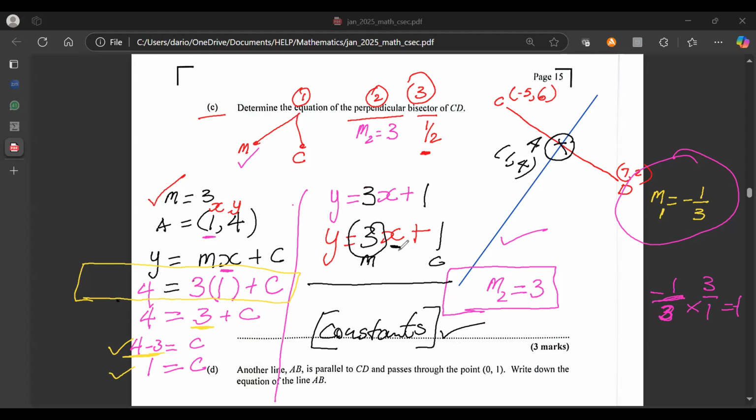All right, somebody didn't. So Shania, you write back the y. You're writing the y. So y is equal to 3x plus 1. All right? Anybody?